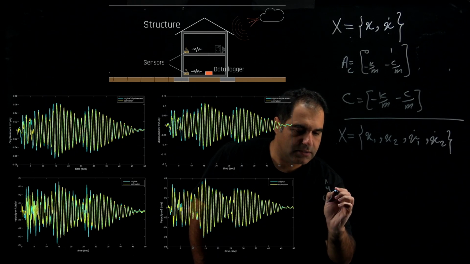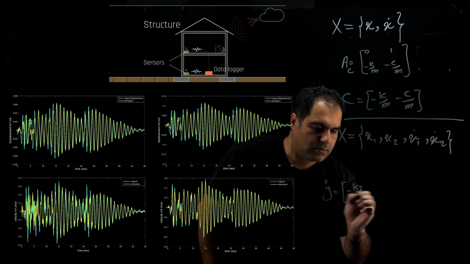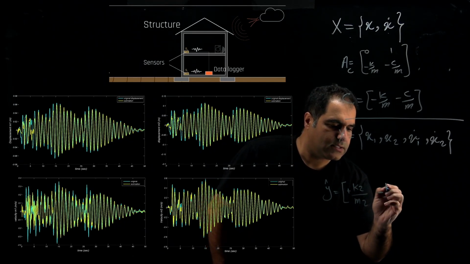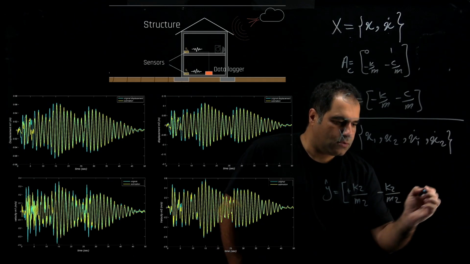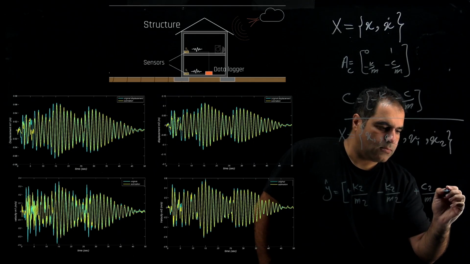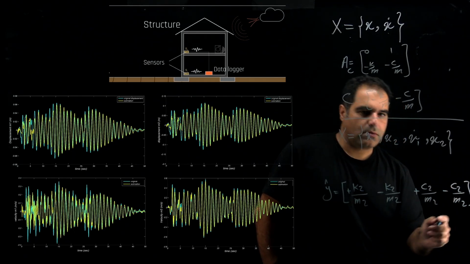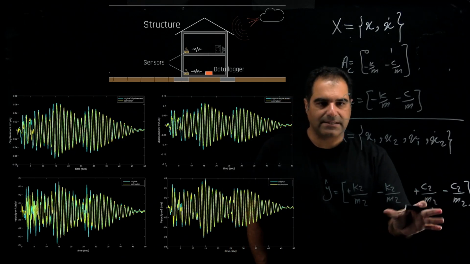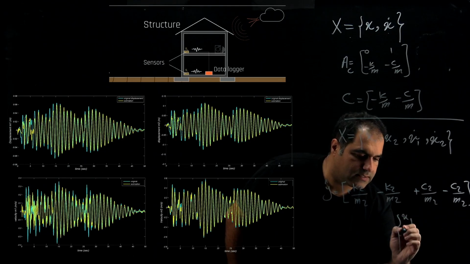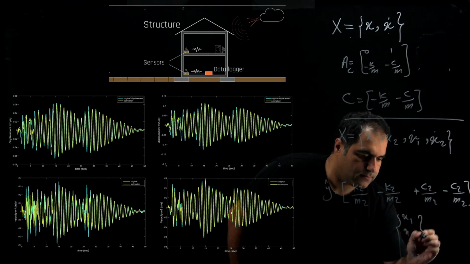Then the measurement will be equal to minus K2 over M2, K2 over M2, minus C2 over M2, minus C2 over M2. This is your C matrix, as you see here, which will be multiplied by your state vector, which is x1, x2, x.1, and x.2.